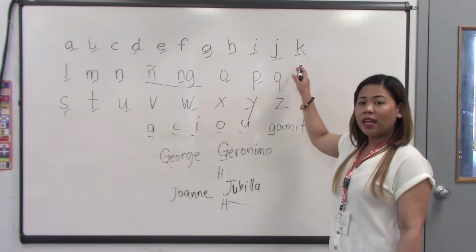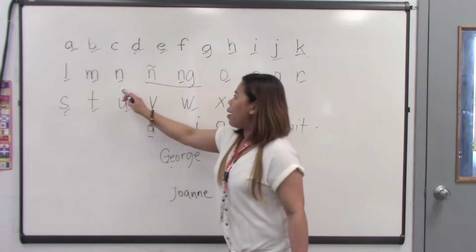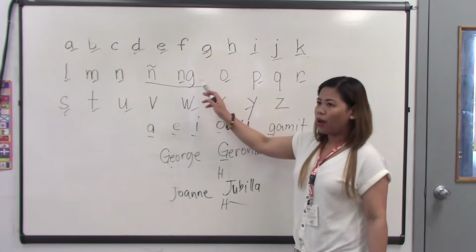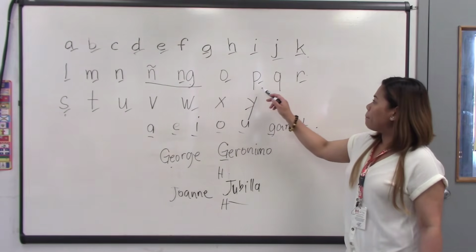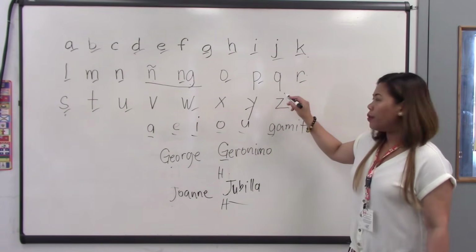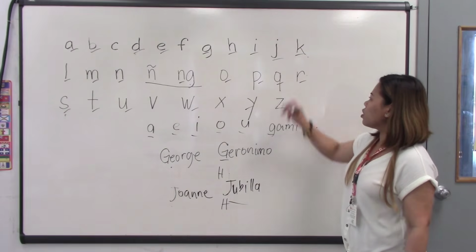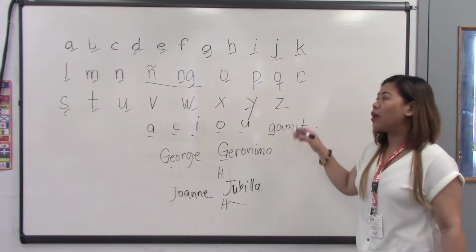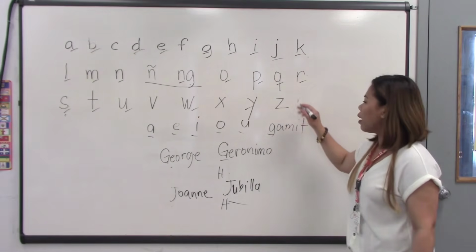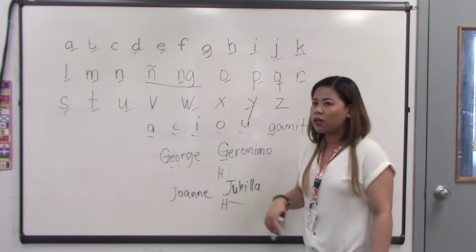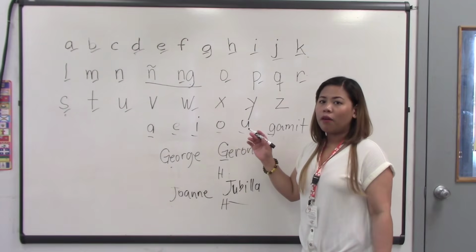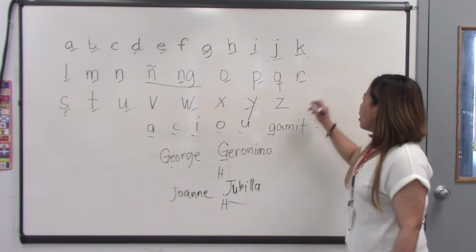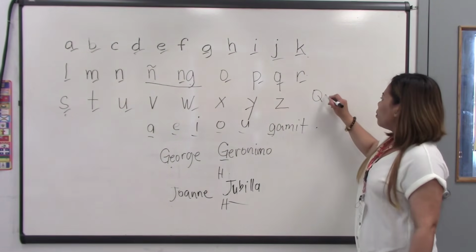So K is the same. L, M, N, and NG, I already discussed this one. P, Q, usually Q is just used for the names of people and places, and for English words, of course. But if Q here is used as the name of a person or place, Q is always followed by U, right?